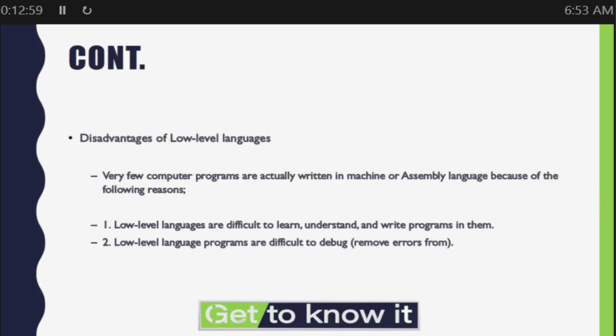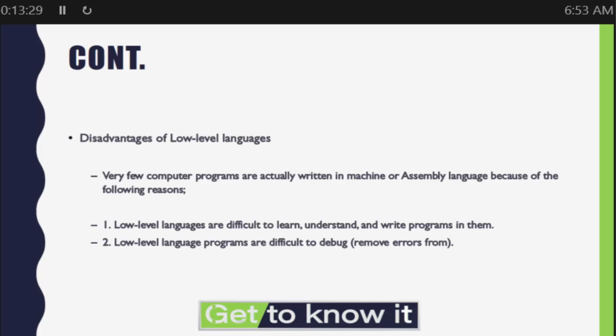What are the disadvantages? You find that everything that has an advantage will have at least one disadvantage. So the disadvantage of low-level languages is that very few computer programs are actually written in machine or assembly language, because of the following reasons. One is that low-level languages are difficult to learn, understand, and write programs in.